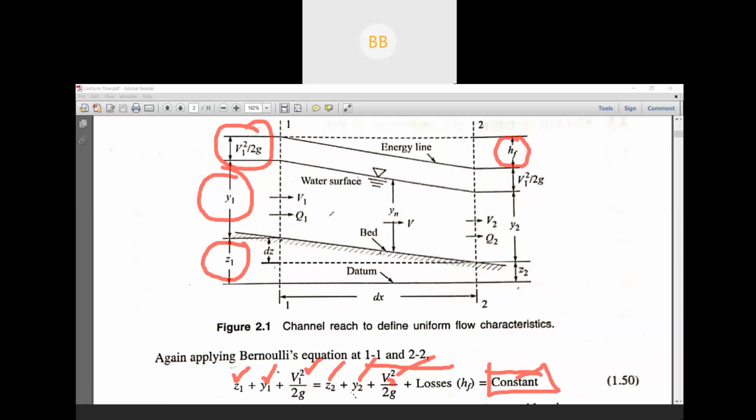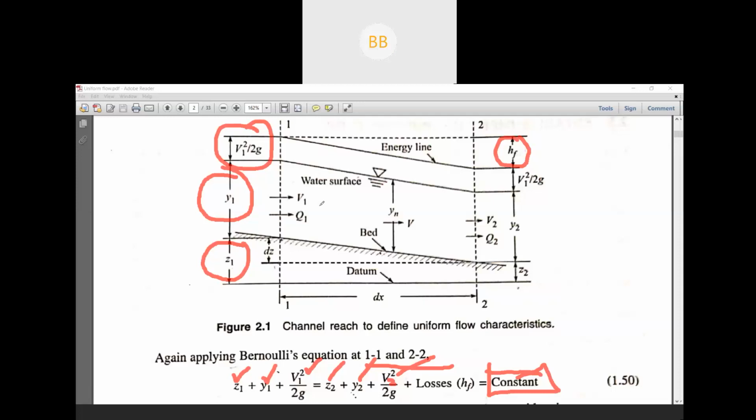When the water flows from the first section towards the second section, it loses some energy due to the friction at the bottom of the channel. That loss is called head loss due to friction. So we have to add losses to get the equal total energy with respect to section 1.